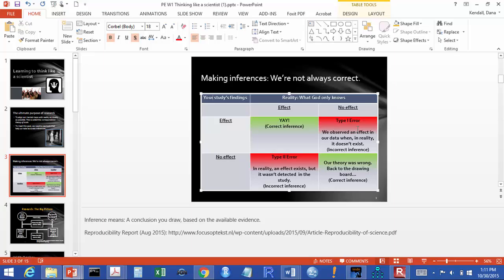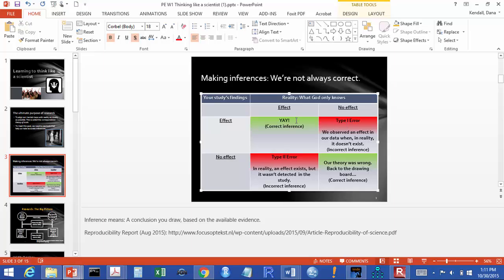So we do have some tools for that, and by reason and by logic we can say, well, there's a high probability that we are in this quadrant, for instance, type 2, or there is a good chance that we are in type 1. So that's the idea.